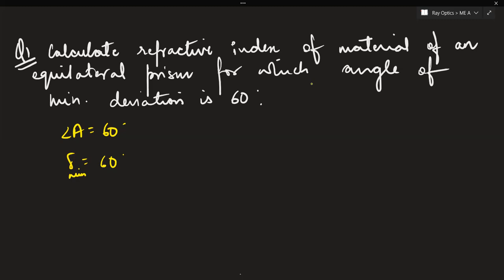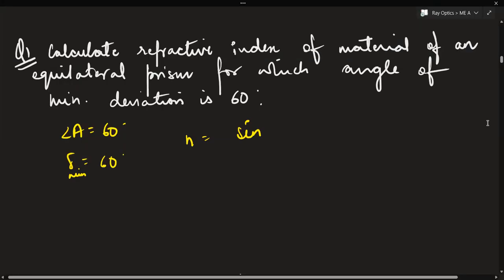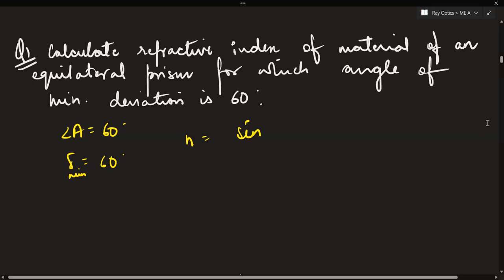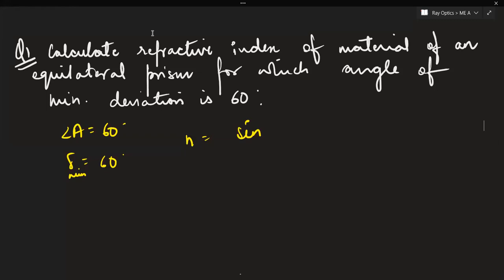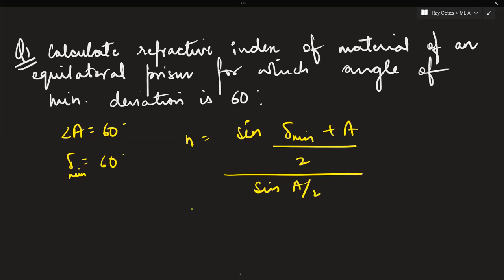So now, class, the formula is sine of delta minimum plus A by 2, divided by sine A by 2.